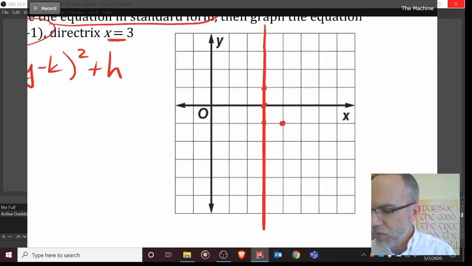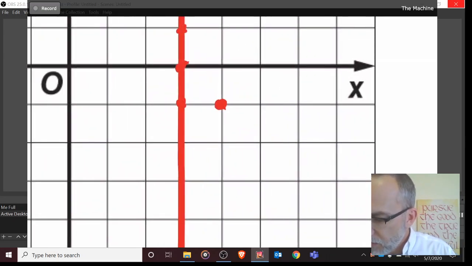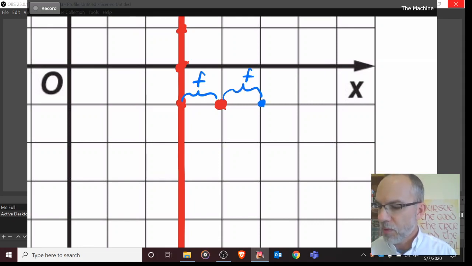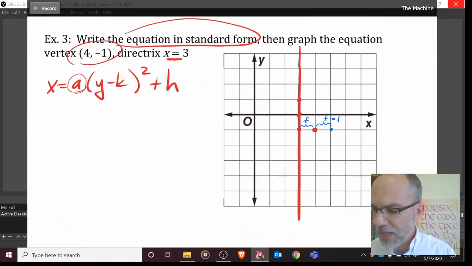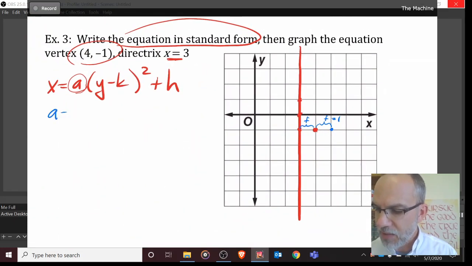Well, if you know the distance right in here, this is going to be f. And the distance to the focus is also going to be f. Here's my focus right there in blue. So my f is going to be equal to 1 unit. That'll help me figure out what the a value is, because a, as we said, was 1 over 4f.